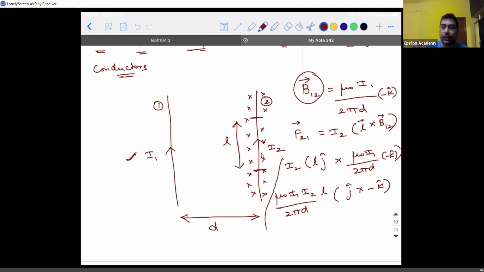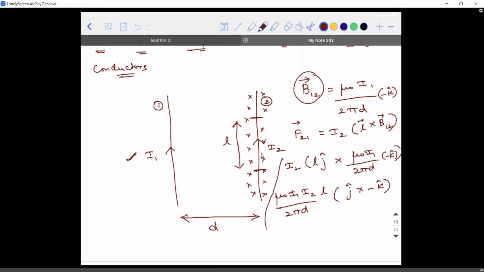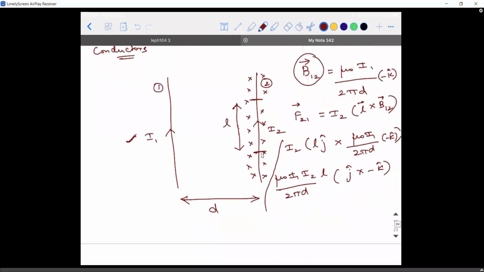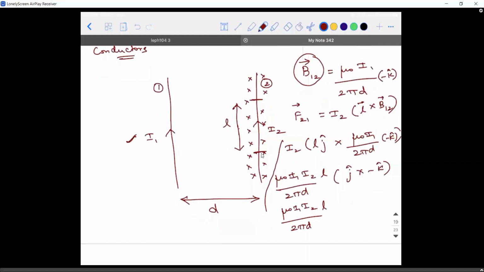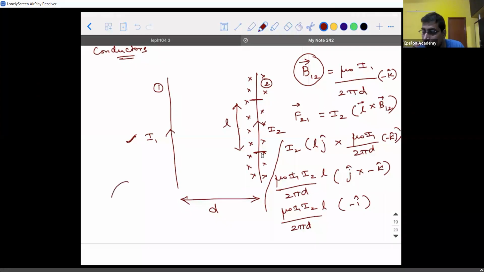You will get another vector only. Minus I, sir. It is minus I cap. How many of you are not confident with cross product things? So I'm able to understand that none of you are clear.